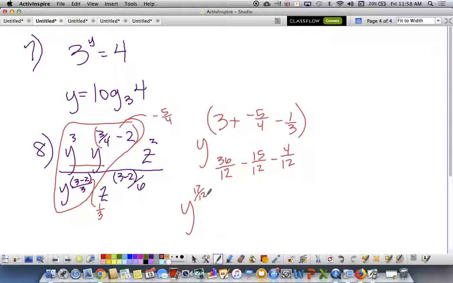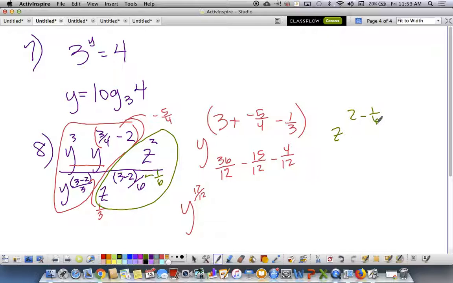Now what about z? Let's take the z's and do those. It's a 2. 3 minus 2 is a 1/6. So all I'm doing is subtracting or dividing, so I'm going to subtract the exponents. So it's a z raised to the 2 minus 1/6.